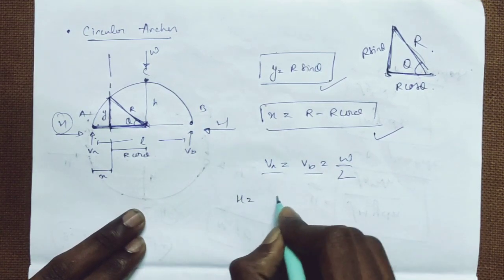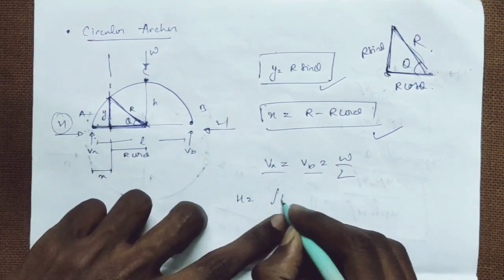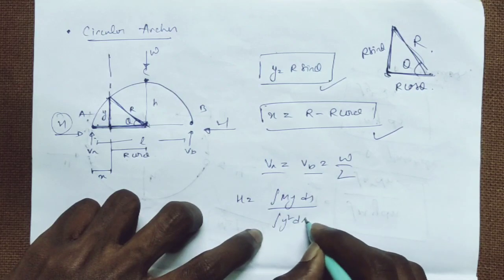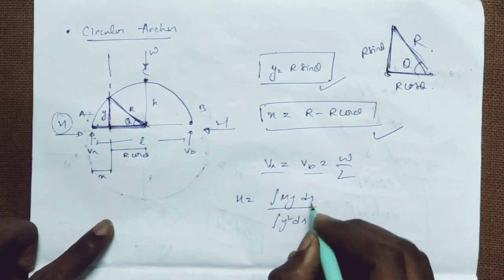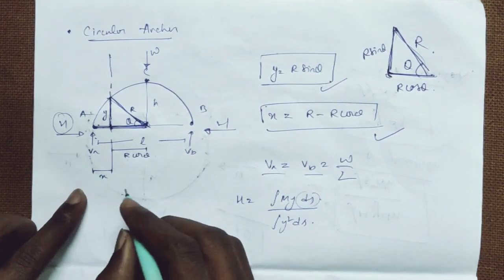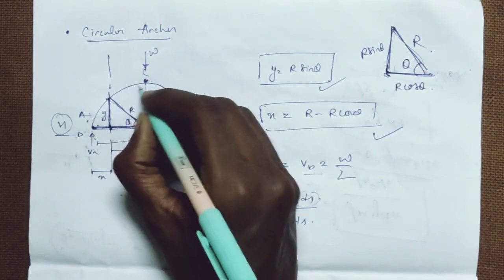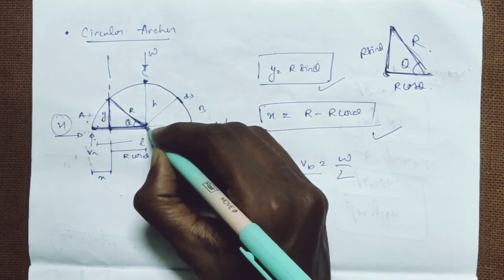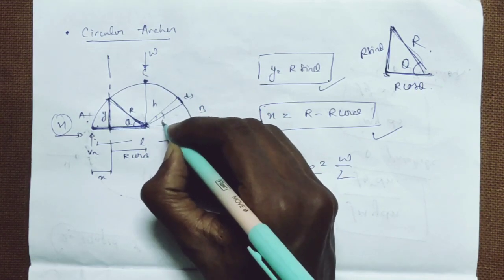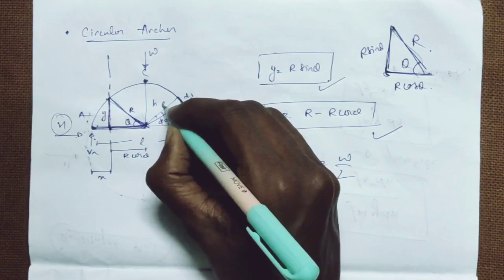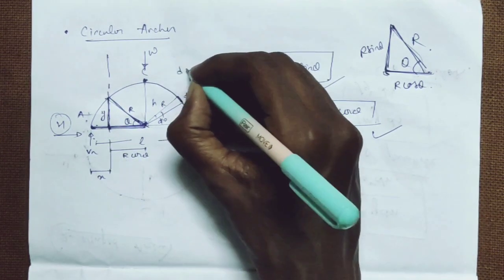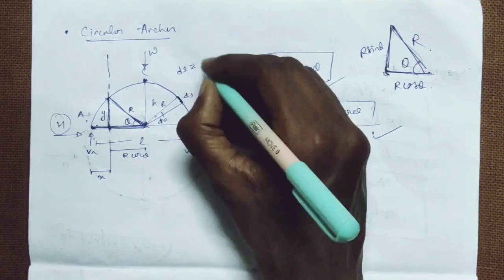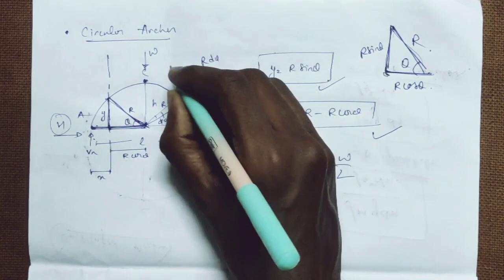So we have a formula for H. As it is a circular arch, it is integral of M y ds by integral of y squared ds. If you consider this part as ds, making an angle d theta, with radius r, the length of the chord ds is equal to radius into angle, r d theta.